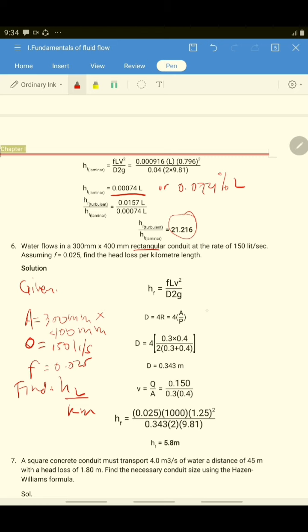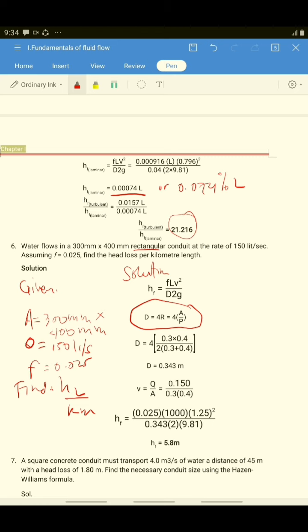So here the head loss per kilometer of length is just equal to, this is the solution. From the formula, FLV squared over 2G. Since the pipe there is not circular, the diameter is just equal to 4R.